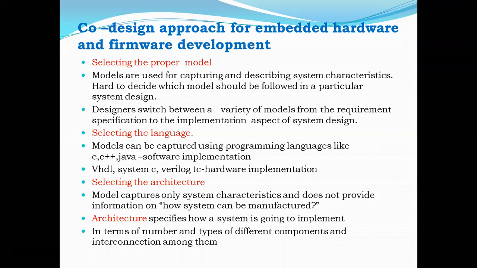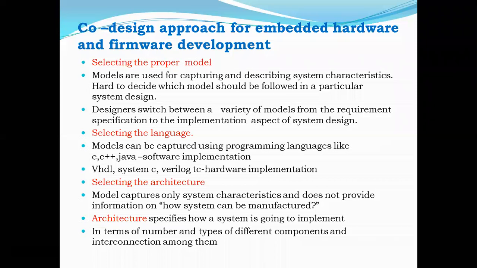Any embedded system has different components, like sensors and actuators, which come into the architecture part. Take the example of a washing machine washing clothes. First, what is the data flow model, how you give the inputs and how the output will come, and in what language you are going to write the program code.